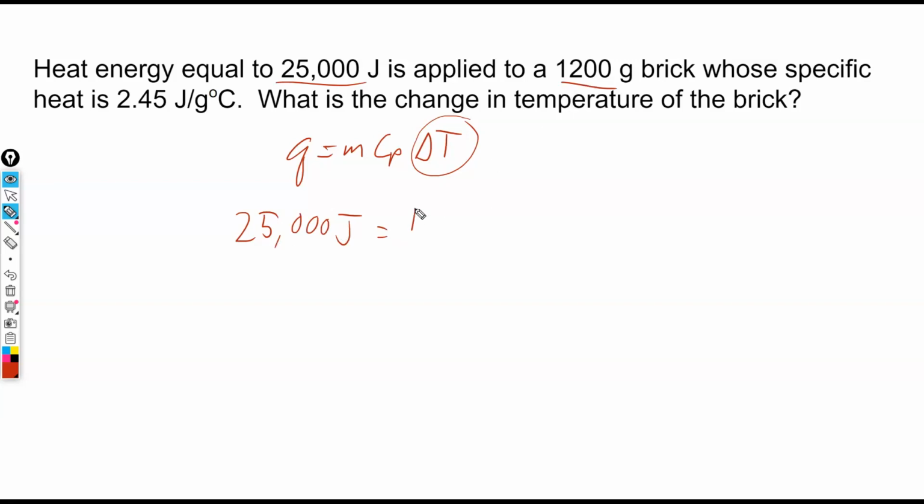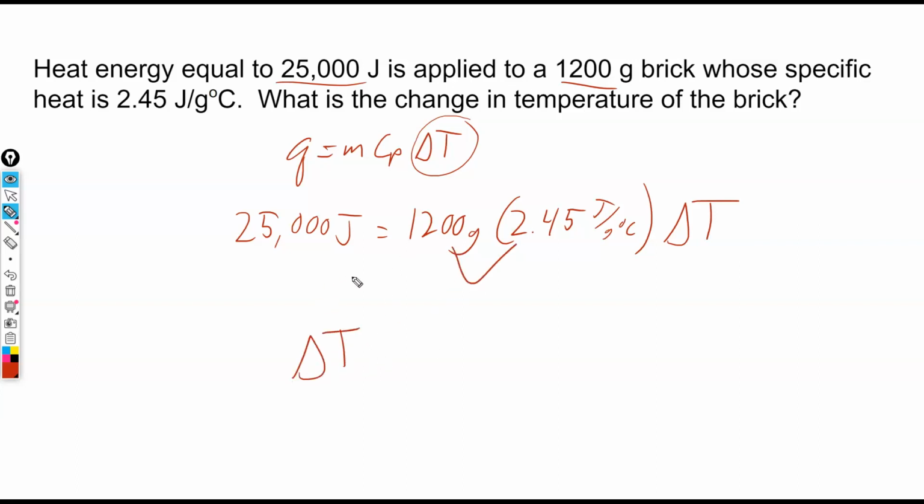Our mass is 1200. We have the specific heat of the brick. Now we're just trying to figure out delta T again, so we'll multiply these two together and divide them over. Now we should get the temperature change to be about 8.5 degrees Celsius.